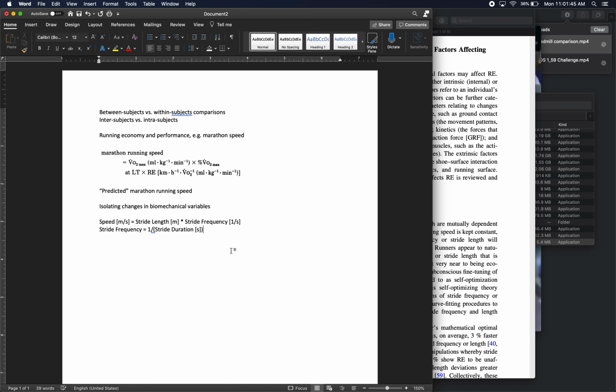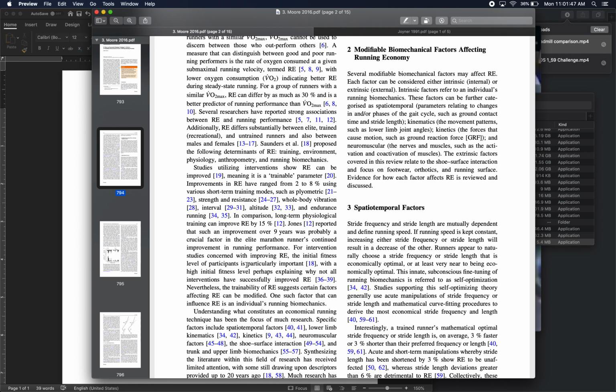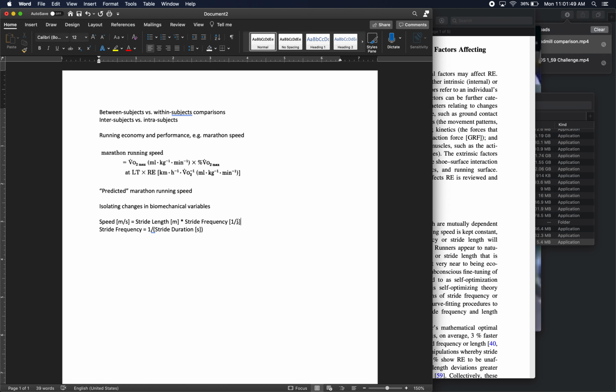Okay. So these spatiotemporal factors are primarily these two factors here, stride length and stride frequency. And if I want to run at a certain speed, say 4 meters per second, I could do that with, in theory, infinitely many combinations of stride length and stride frequency, right?